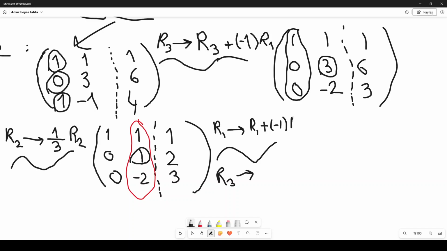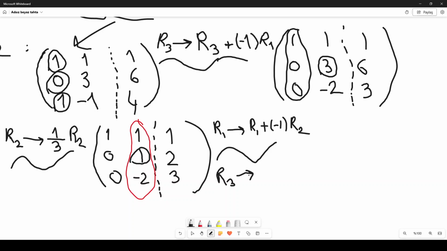In other words, I multiply row 2 by minus 1 and add it to row number 1, which means that the second element in the first row from left to right will be equal to 0.